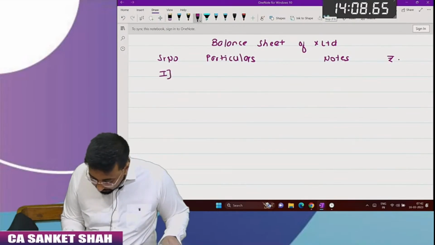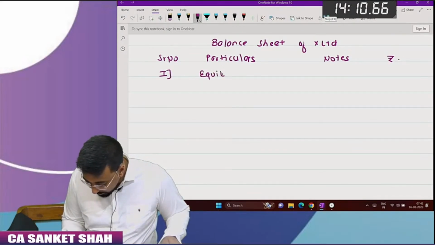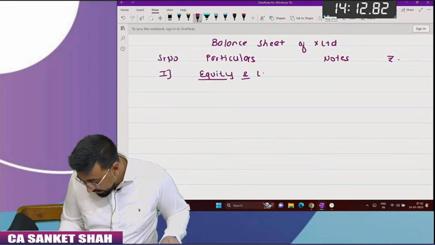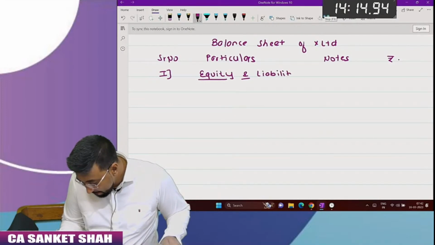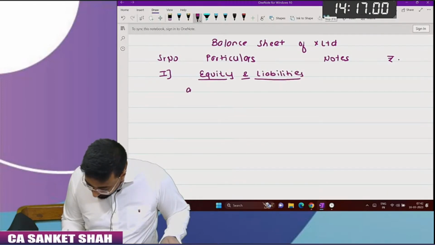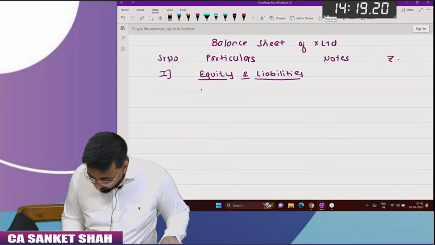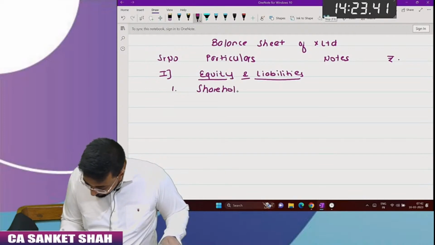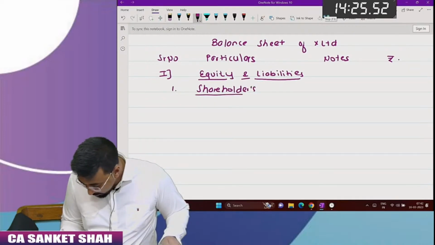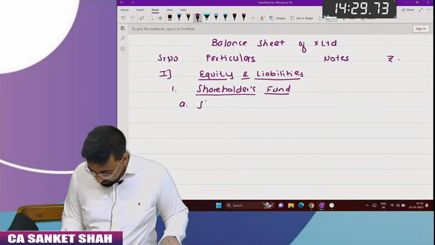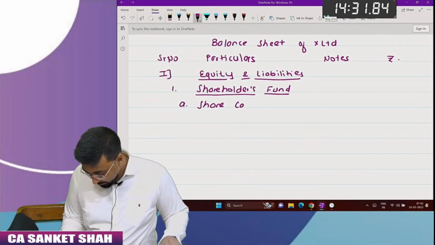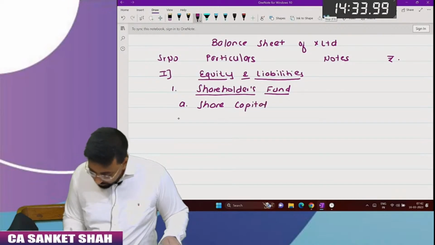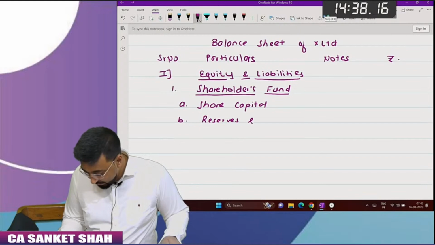1, equity and liabilities. One, shareholders fund. A, share capital. B, reserve and surplus.